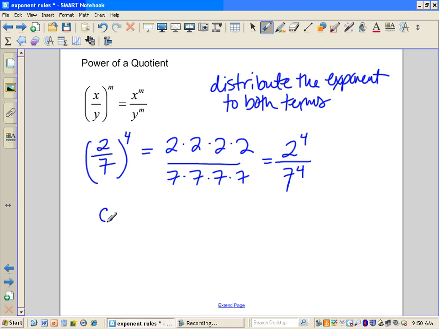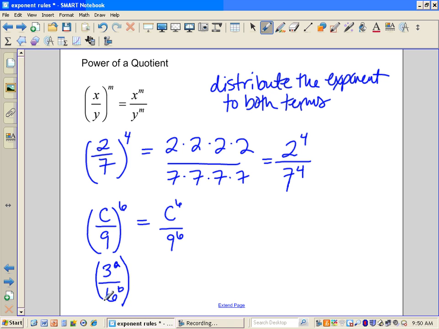We can mix, again, variable with a number. C over 9 to the 6th just becomes C to the 6th over 9 to the 6th. Or we can even mix, let's see, let's do 3a over 6 raised to the b power, all squared.